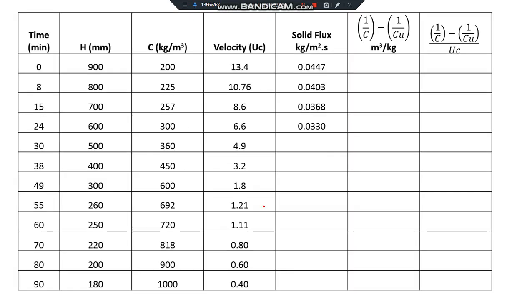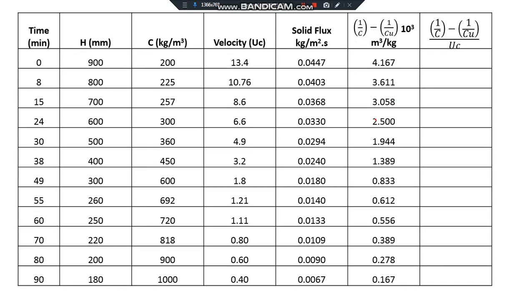So once you have the solid flux, the next step is simple. This is Cu that is given to you, that is 1200 kg per meter cube. For all the different values of C, substitute your value and find out this column. So here we are getting these values: 1 upon C minus 1 upon Cu, divided by the settling velocity. From this we have to select the highest value.